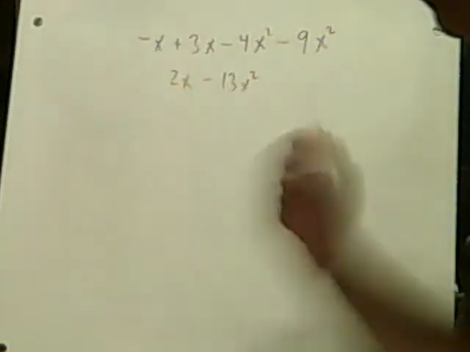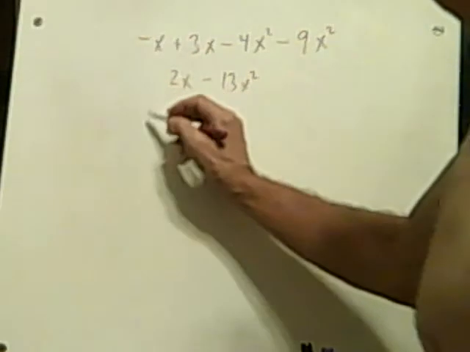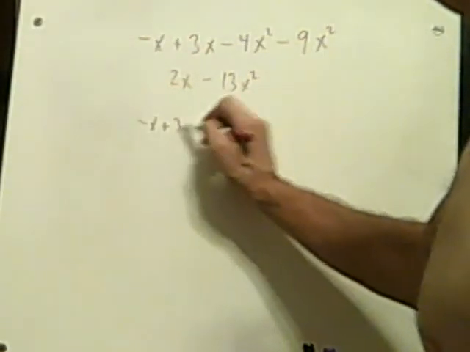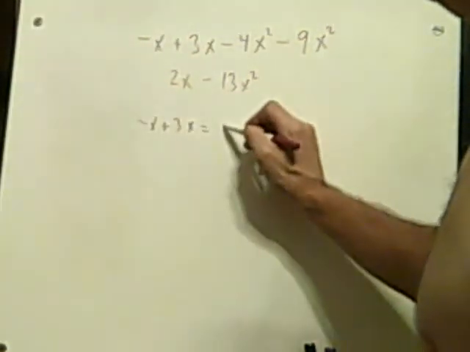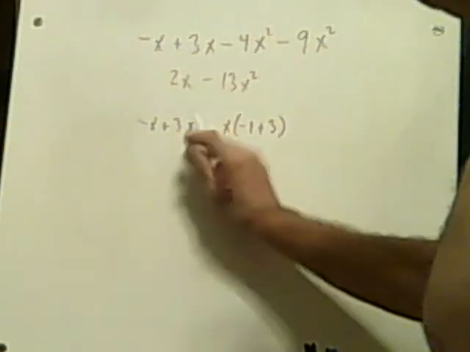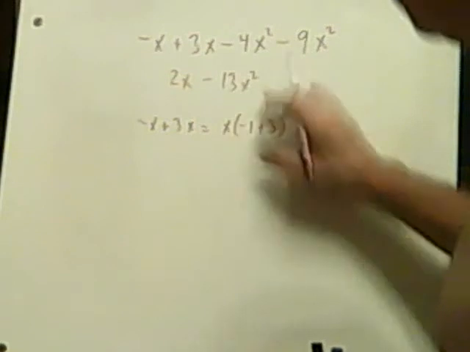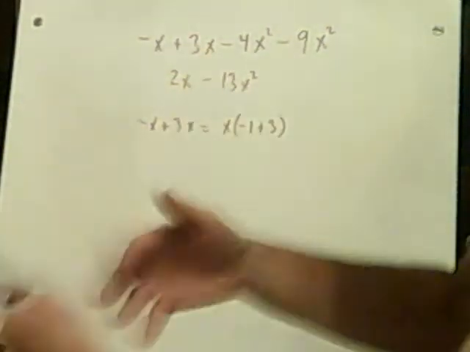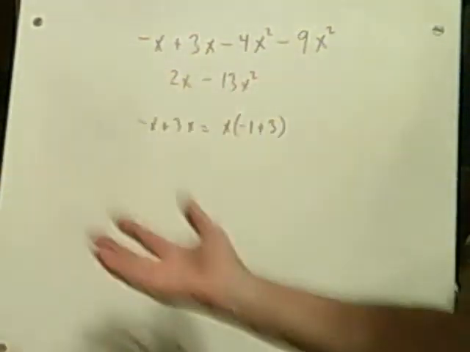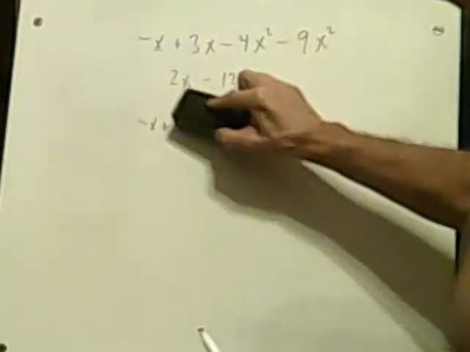I've already been using this as if it were obvious. This is the distributive property. Negative x plus 3x is equal to x times negative 1 plus 3. You can factor out the x, but nobody really does that. They just know that if you have a negative 1x and a 3x, you add them together and end up with 2.